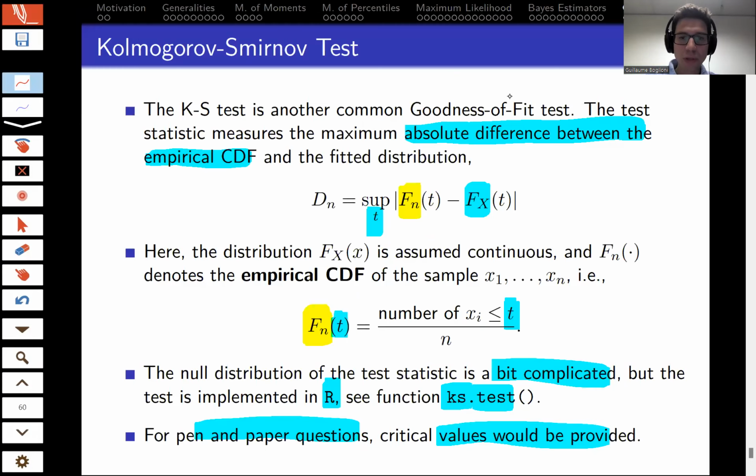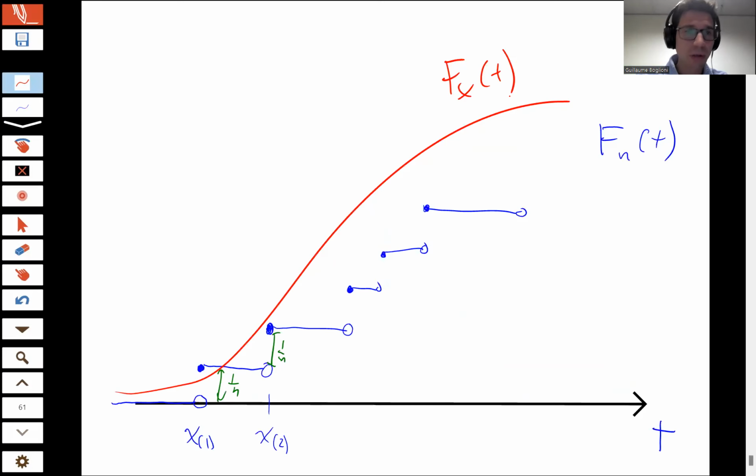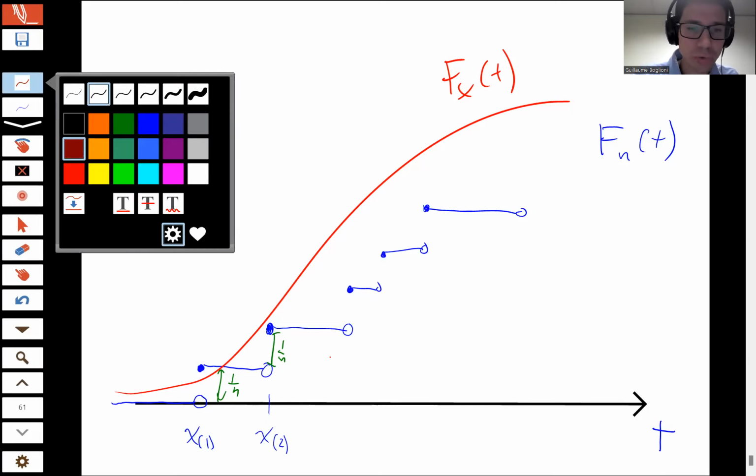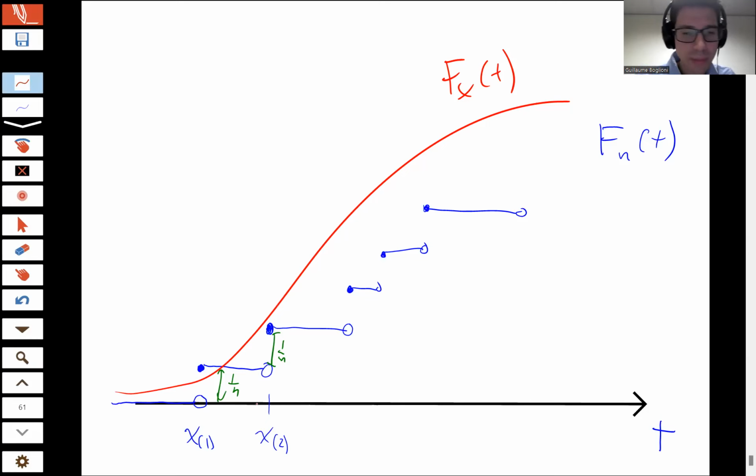So here again, the test statistic is the largest difference between the two functions. What I said is slightly annoying to compute, and here is how you would do it. You would look at every single value of the sample, and you would check, at x1, what's the biggest difference?